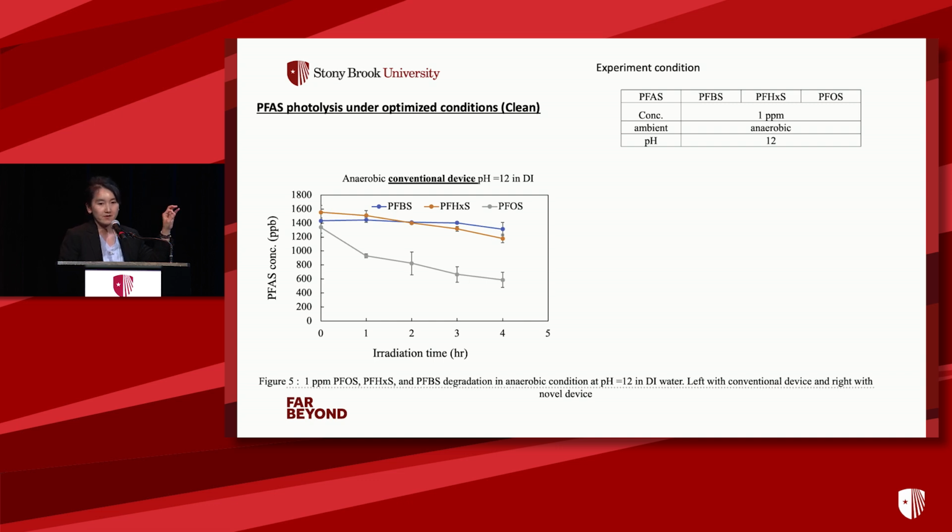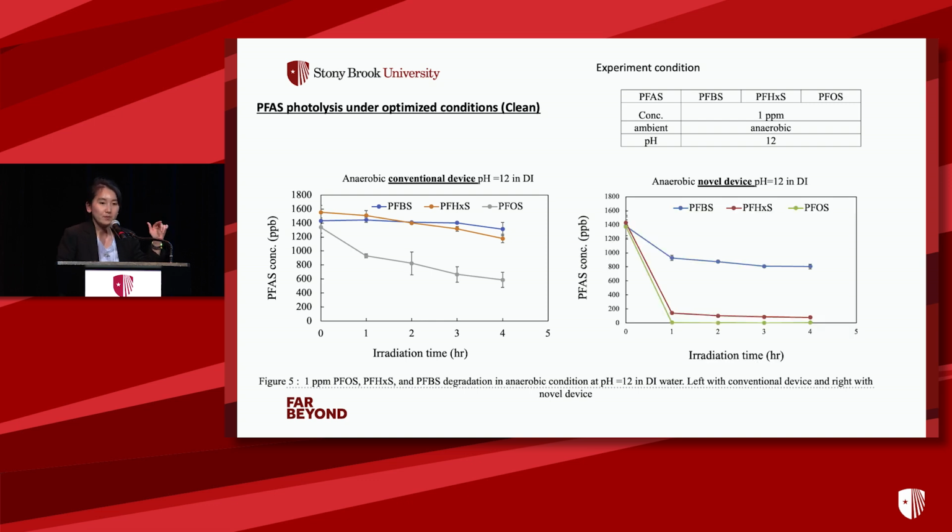However, for the short-chain PFAS, PFBS and PFHxS, the degradation rate is still very limited. And when we further apply our novel device to these PFAS degradations, we notice a significant increase in degradation within 1 hour for PFOS and PFHxS, as well as a significant drop for the short-chain PFBS using our novel device.